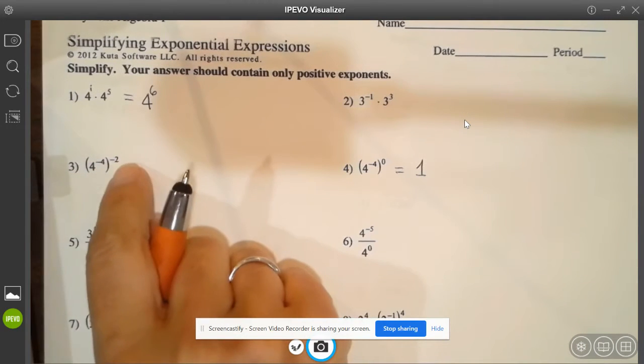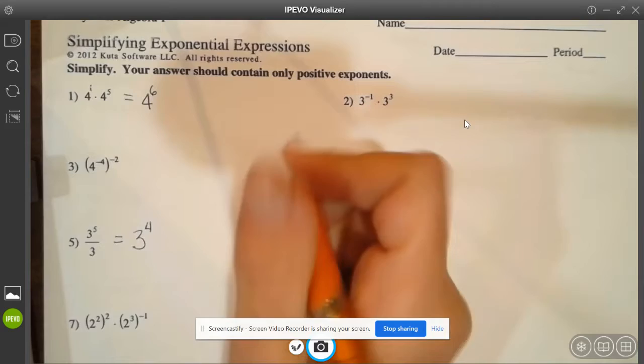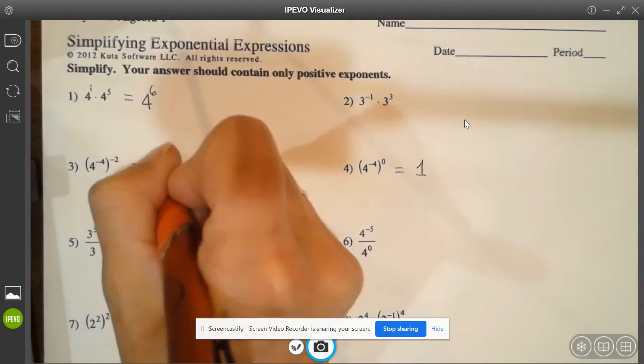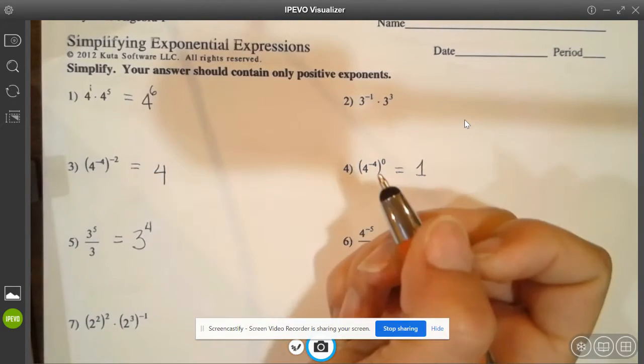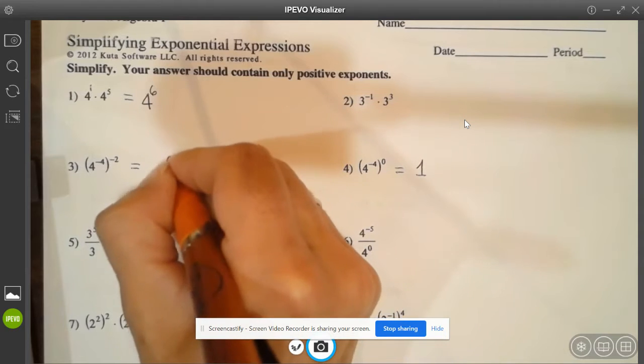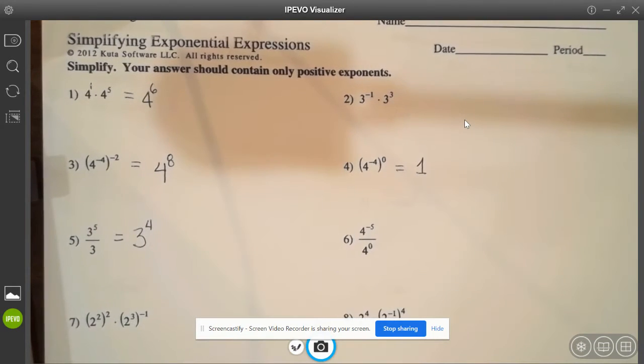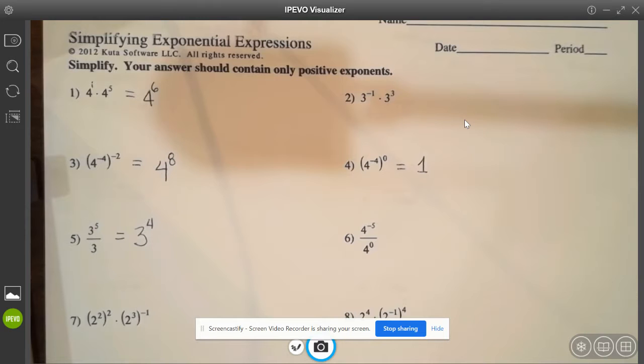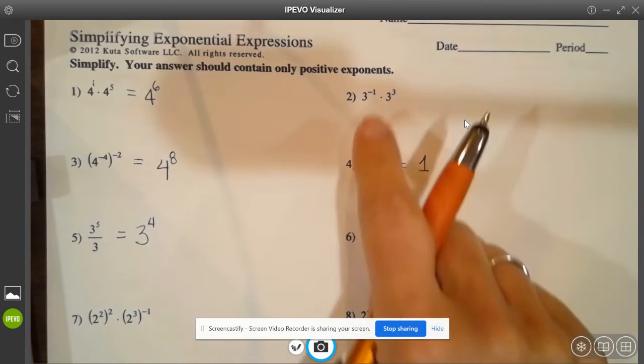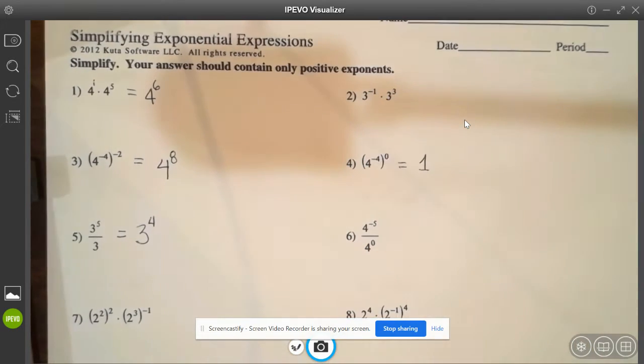When you have a power of a power, you are multiplying the powers. So that's 4 to the negative 4 times negative 2. That's positive 8. Okay, what else do we say? So here you're adding, so that's negative 1 plus 3.